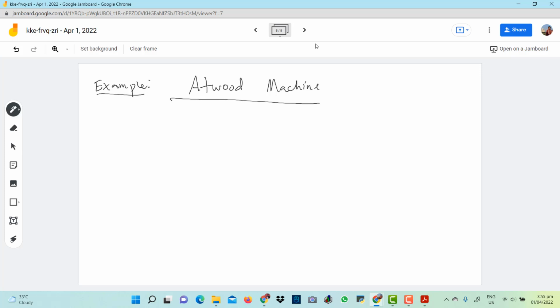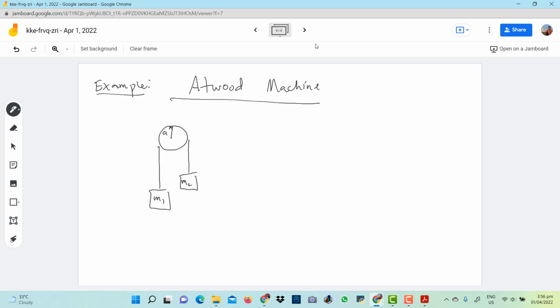But in this case for the Atwood machine we will include the pulley here. So for the Atwood machine, I have a pulley, I have a mass, mass 1, and then I have mass 2 here, and the radius of the pulley is some radius A, for example.